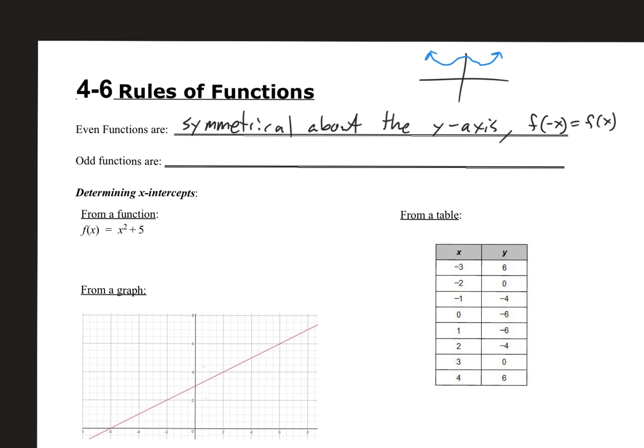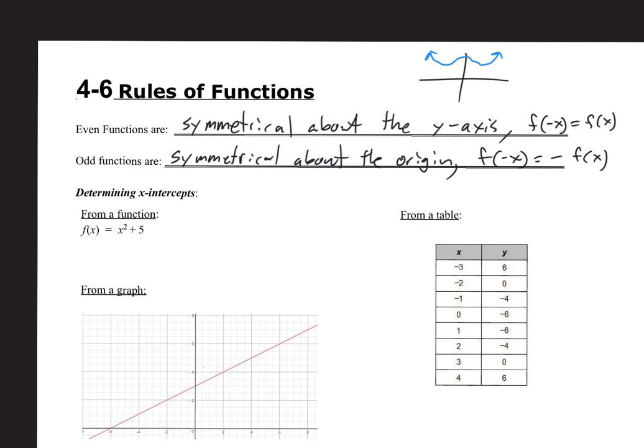Okay, odd functions are symmetrical about the origin. And algebraically, the way you could write this is that f of negative x will equal negative f of x.